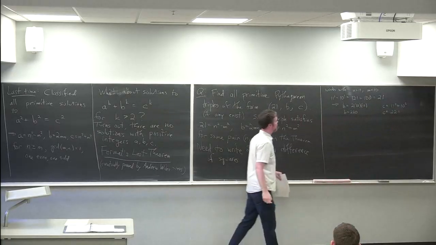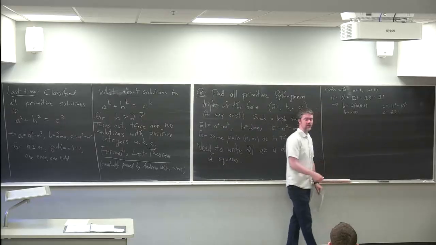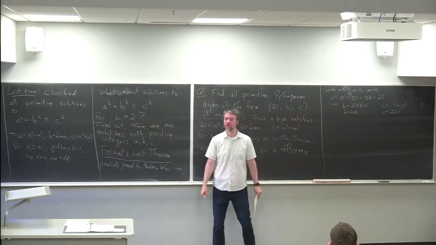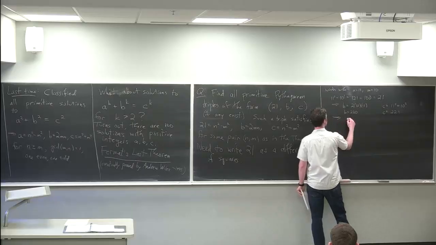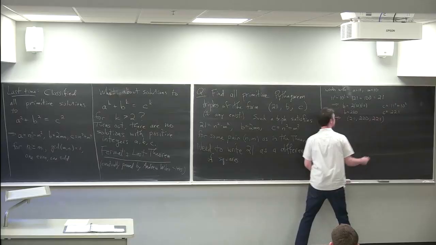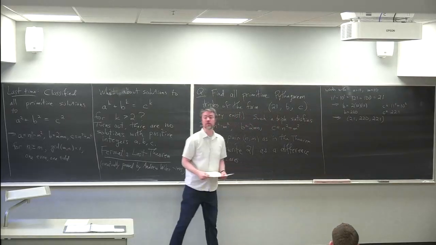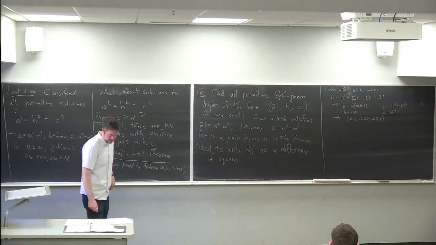So this is one of these Pythagorean triples where B and C differ by 1. That was our first little recipe of building them, if you recall, which always yielded things like this. So what this gives us is a triple, which you could verify is in fact a primitive Pythagorean triple.